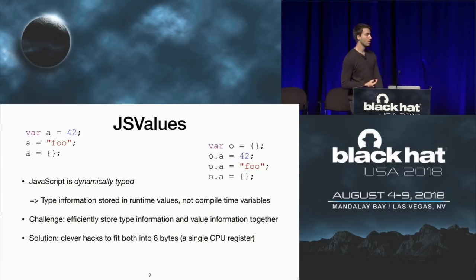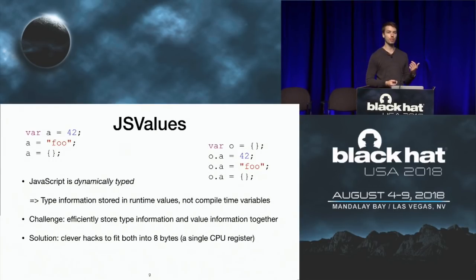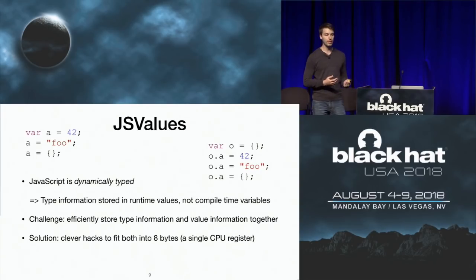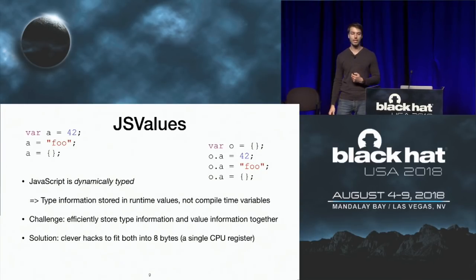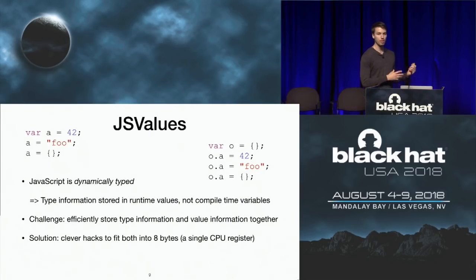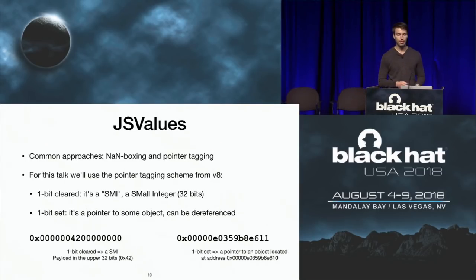That's all fine. For the engine, that means it has to store type information together with the value information. The challenge here is to do this efficiently. Usually the solution ends up being some clever hacks that manage to store both type and value information in 8 bytes.